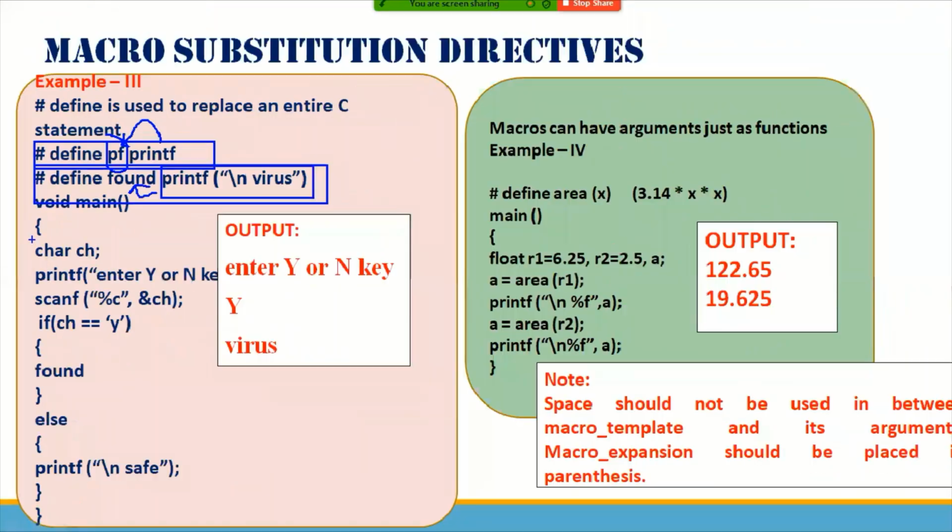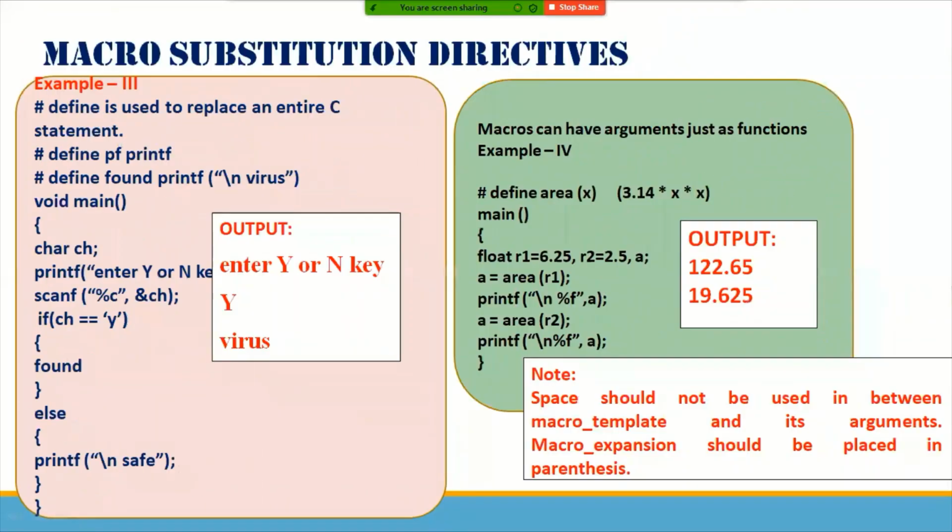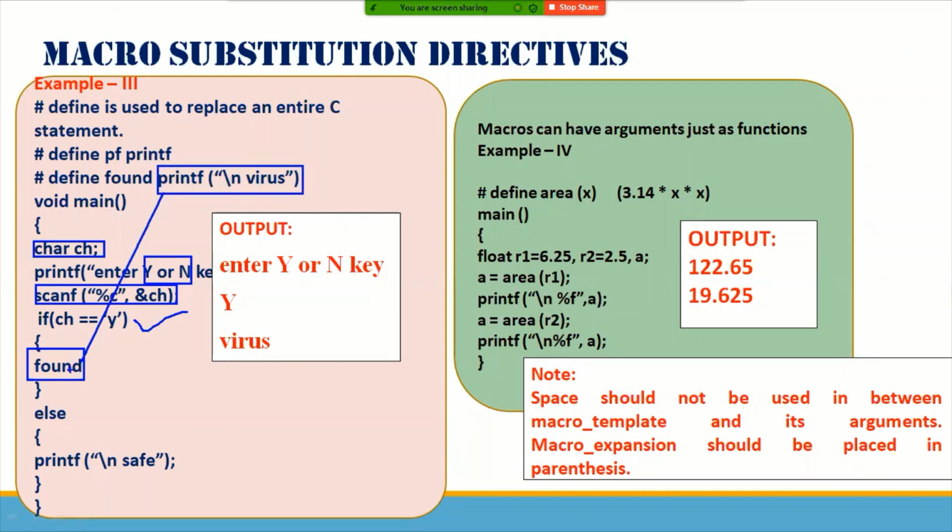Observe carefully. A local variable ch reads either y or n. If you want to continue, enter y. If you don't want to continue, enter n. If you enter y, then the condition is true, then found. What is found? That found is already defined over here. Found is printf, and this statement will be substituted over here.